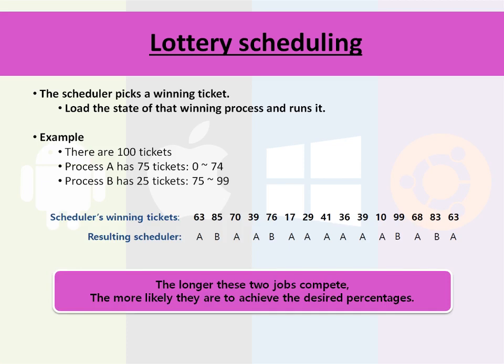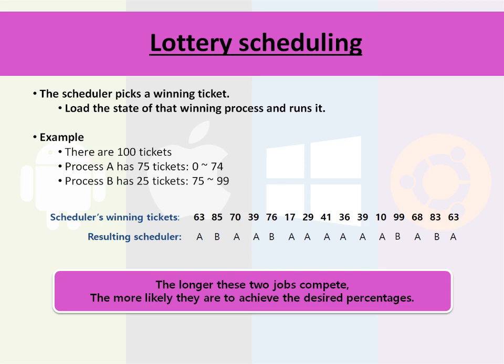The scheduler picks a random ticket, a random value between 0 and 99, including both the upper and lower bounds. Whichever process has that ticket, it will schedule that process to be run.